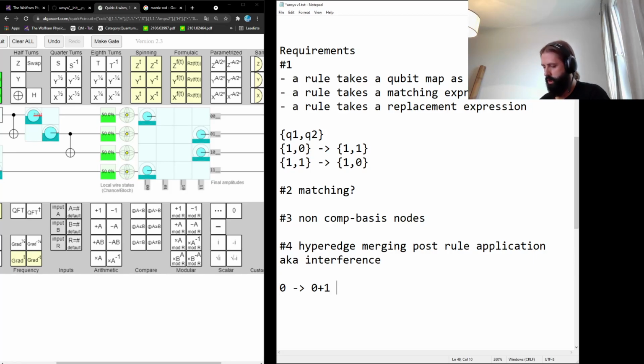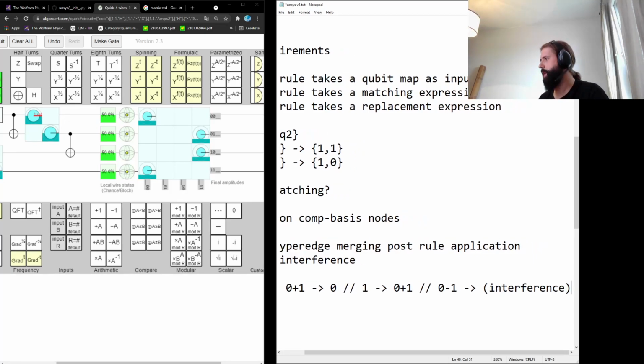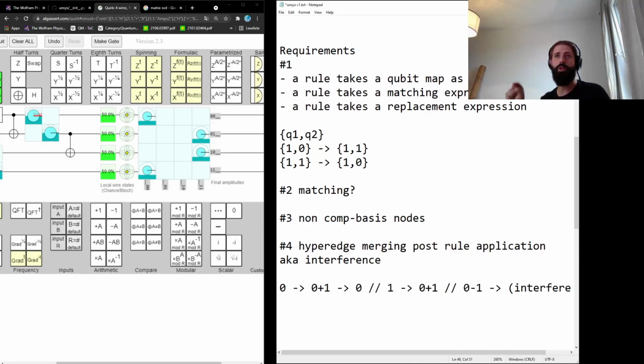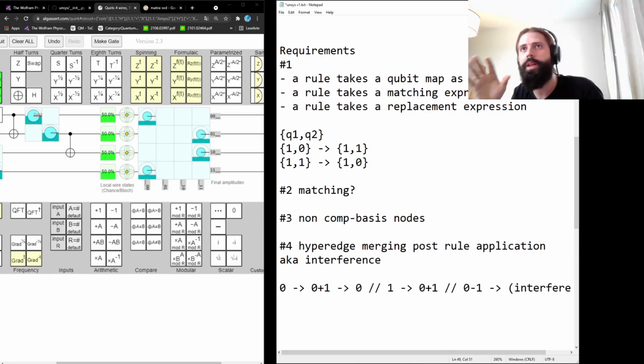Then I apply another Hadamard rule, so that would actually split the whole thing into 2 edges first, and then apply 0 + 1 in that edge and 0 - 1 in that other edge. Here is where interference is happening. And that's also an advantage of this simulation or this system, that you get to see the interference patterns. That's the idea, right?